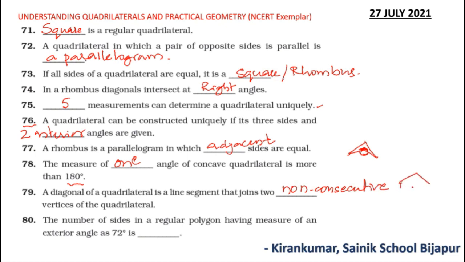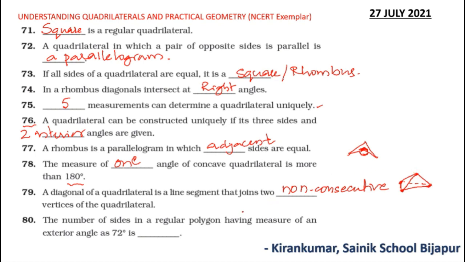If I draw a quadrilateral, these two are non-adjacent or non-consecutive. So by joining these non-consecutive vertices, we get a diagonal.